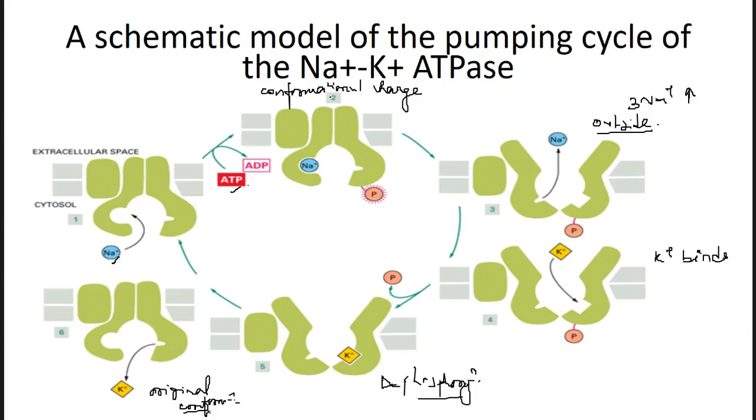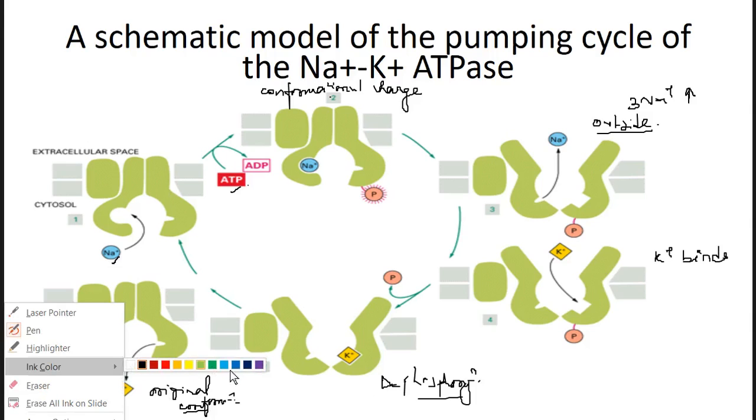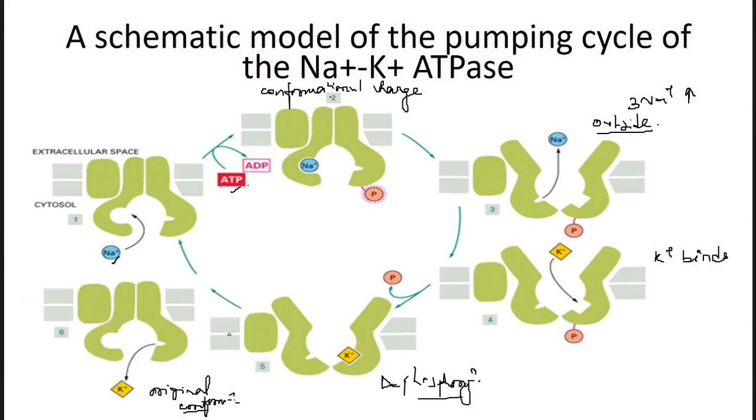Is that clear? Now one important thing I'll again discuss, that whenever I change the color, it will be easier for you to understand. I'm taking a purple color. So see here, in the first condition, in number 1, the conformation is shown. This conformation is known as E1.